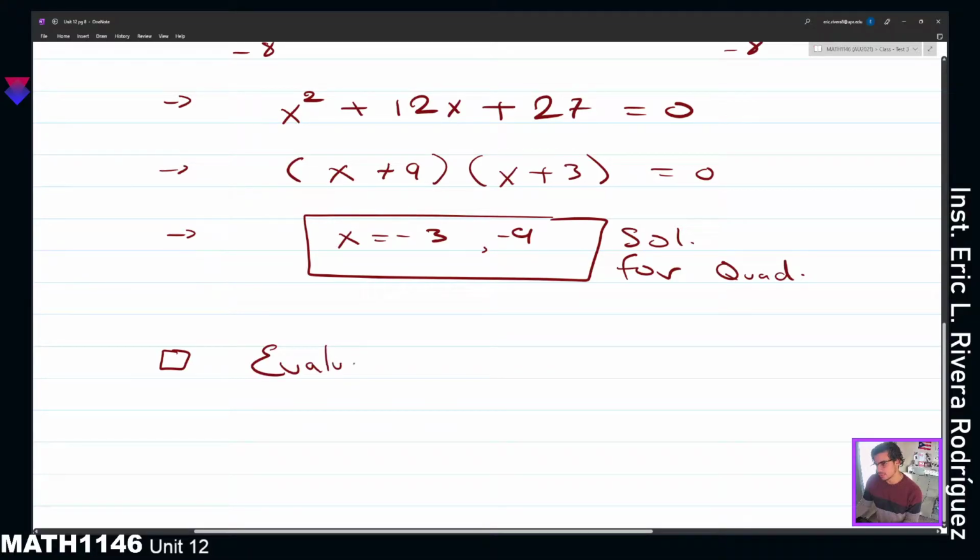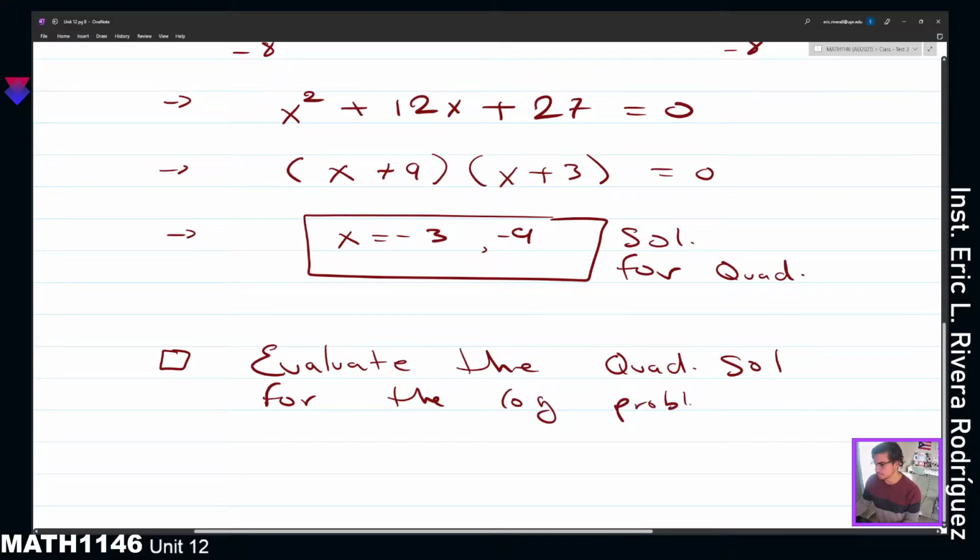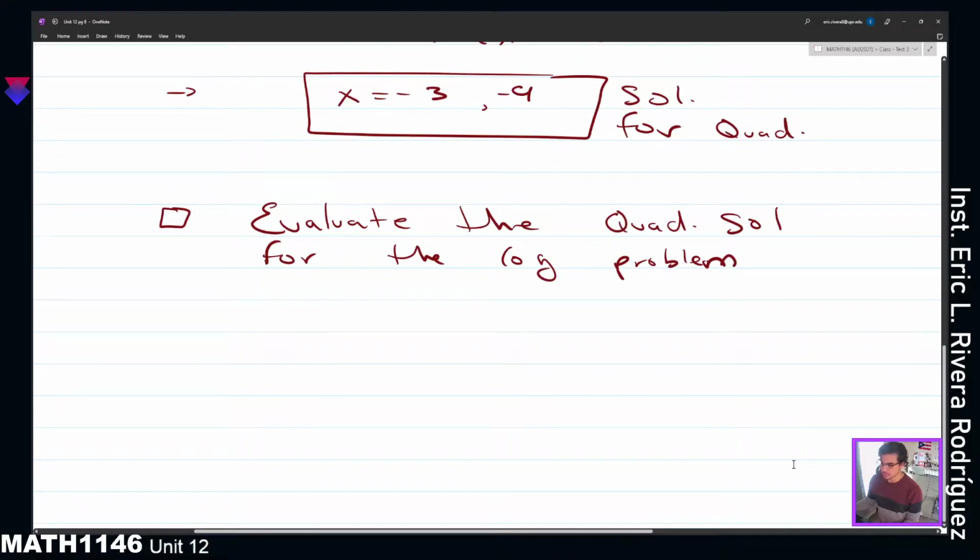Evaluate the quadratic solution for the log problem. And why here do we need to make a distinction between the quadratic equation, the quadratic solution, and the logarithmic problem?